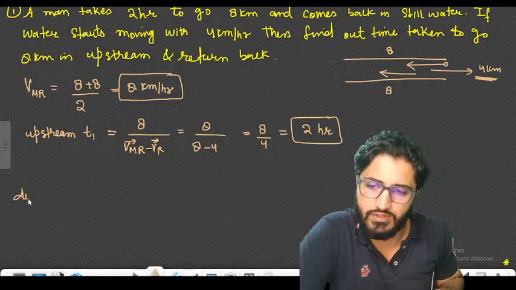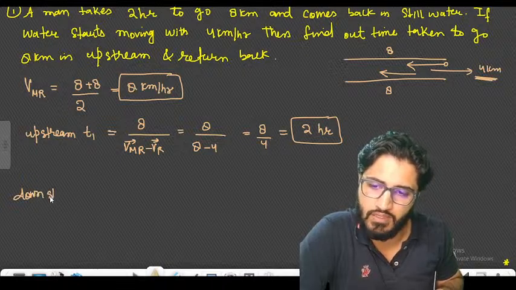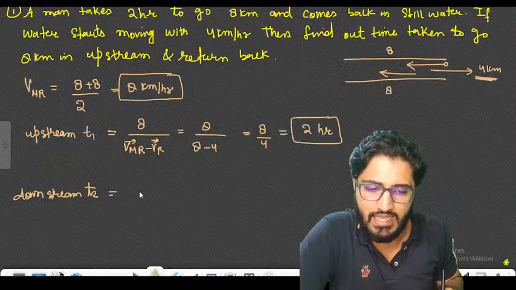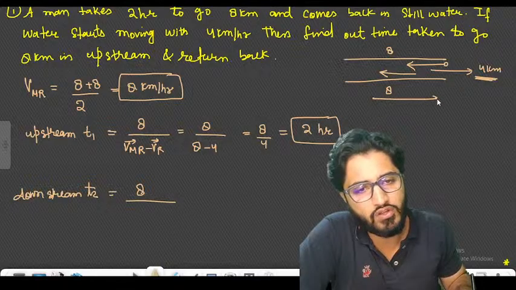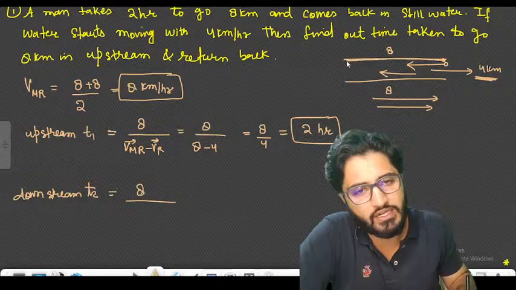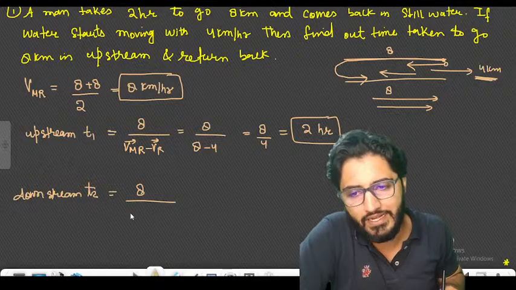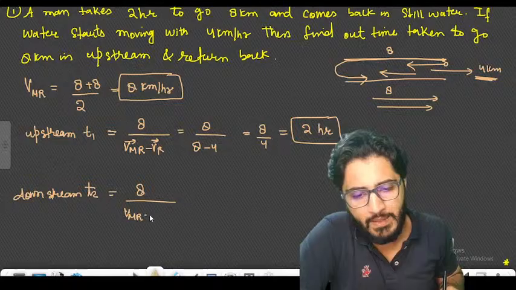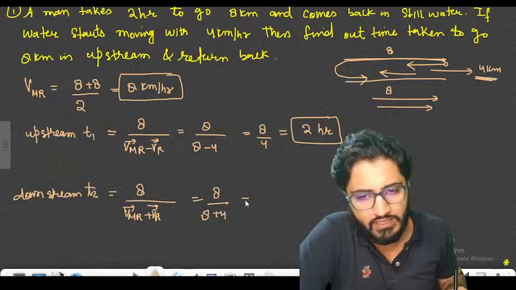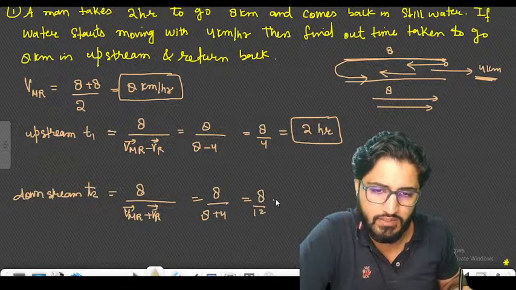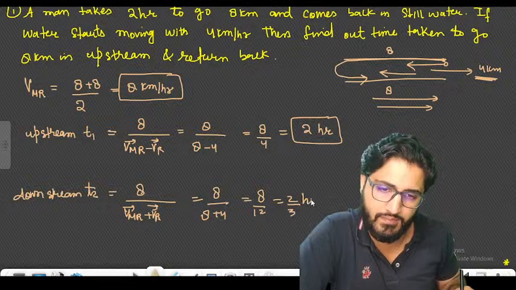Now T2, downstream. Same, 8 divided by, but now the person is going along the flow of the river. The person goes from this end and returns back here. I can write vmr plus vr. Now 8 divided by 8 plus 4, that is 8 divided by 12, that is 2 by 3 hours.